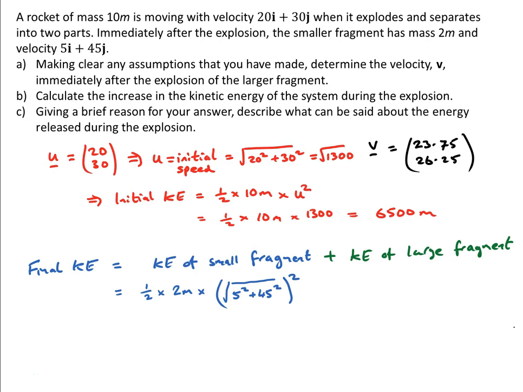We know the velocity of the small fragment after the explosion was (5, 45), so the speed will be the square root of 5 squared plus 45 squared. So the kinetic energy of the small fragment is a half times 2m times (the square root of 5 squared plus 45 squared) squared.